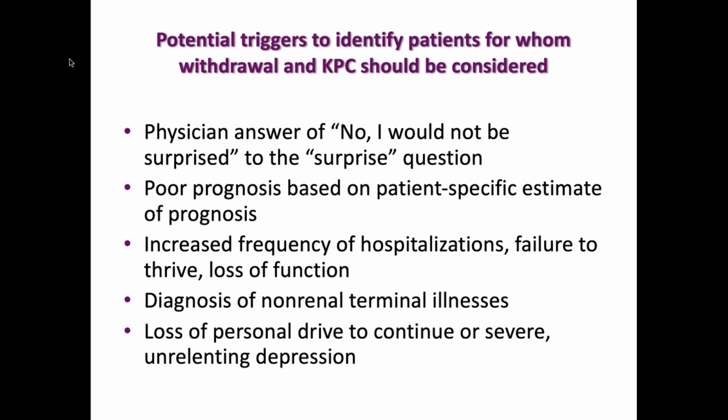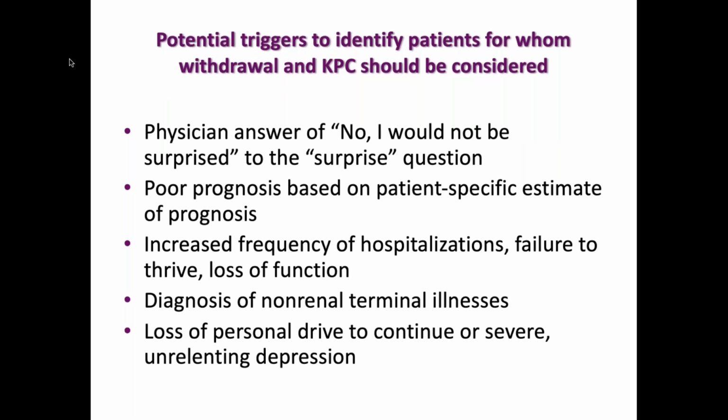There could be other situations in which we may make a judgment of poor prognosis based on a patient-specific estimate of prognosis. Not every patient who comes to you for starting dialysis is the same. As I said before, in many countries, people with similar levels of kidney function do not necessarily start dialysis.